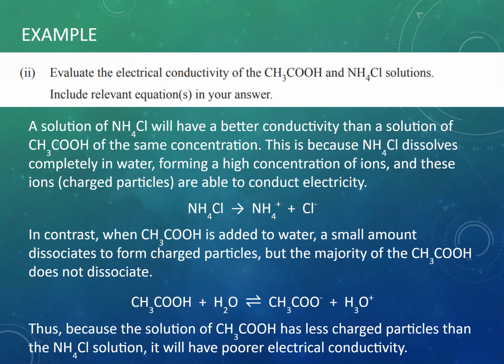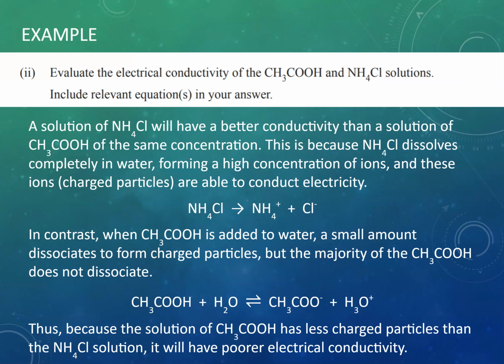So this is the sort of answer. You'll notice that I do have equations in there because the question quite clearly says you must use equations. So first off, a simple statement: the solution of ammonium chloride will have a better conductivity than a solution of ethanoic acid of the same concentration.